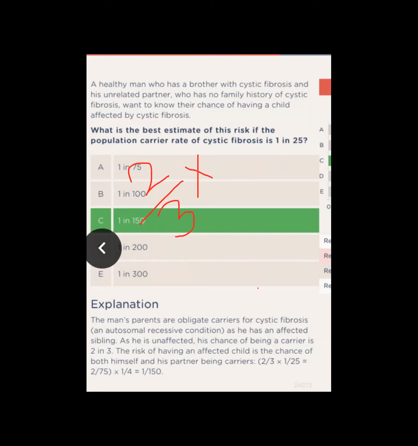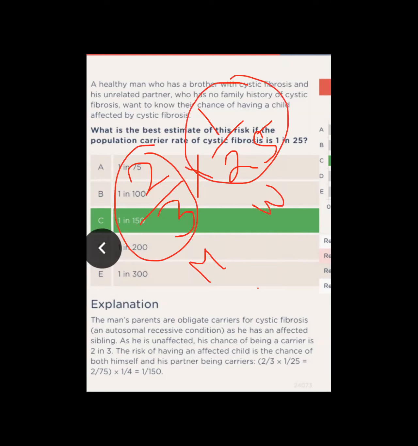And his partner, that means his wife, is not known to be a carrier because she doesn't have a family history. So the population risk will be 1/25. So this is for the wife, and this is for the man. The man's chance is 2/3 of being a carrier and the woman's chance is 1/25. This is the population risk.